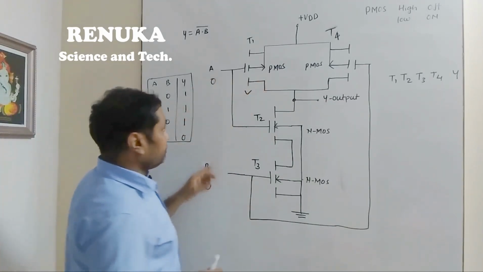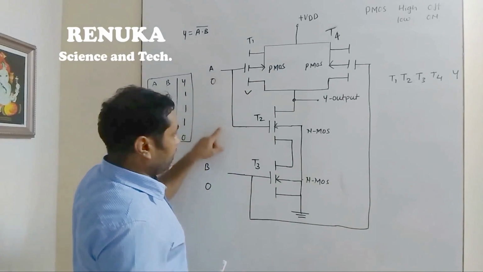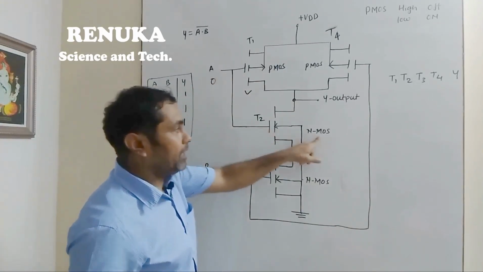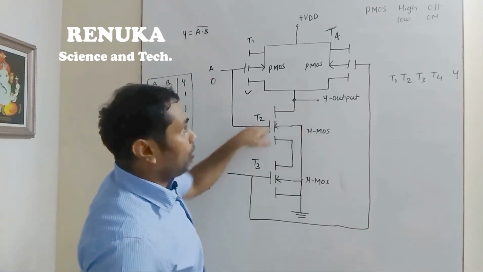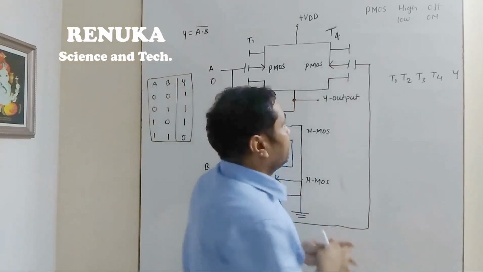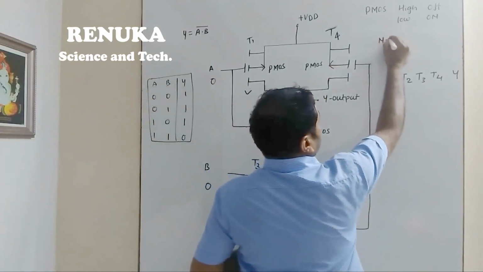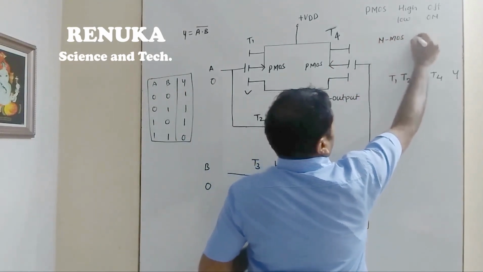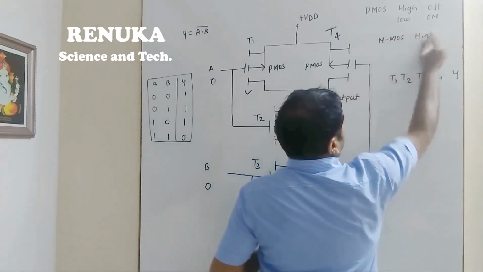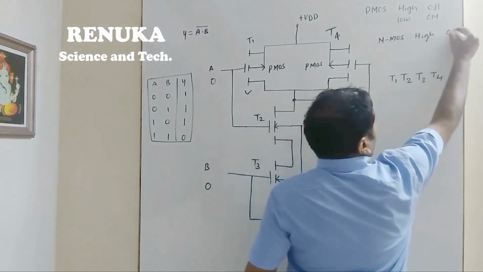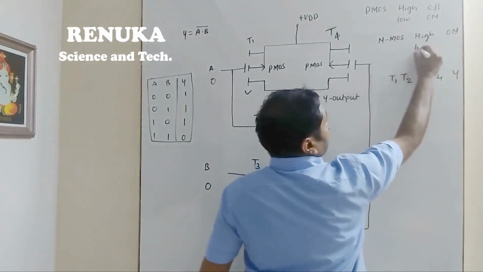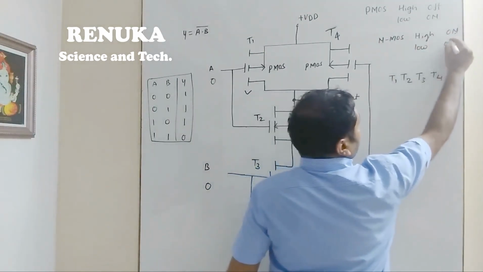Second thing, the same A is connected to the gate of T2 and it is an NMOS. For an NMOS the reverse property holds: if its gate is connected to high, it will be on, and if its gate is connected to low, it will be off.